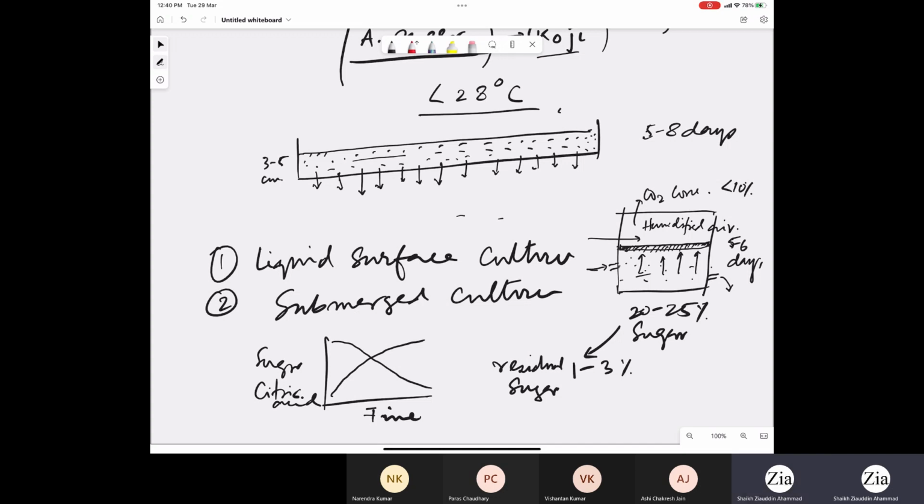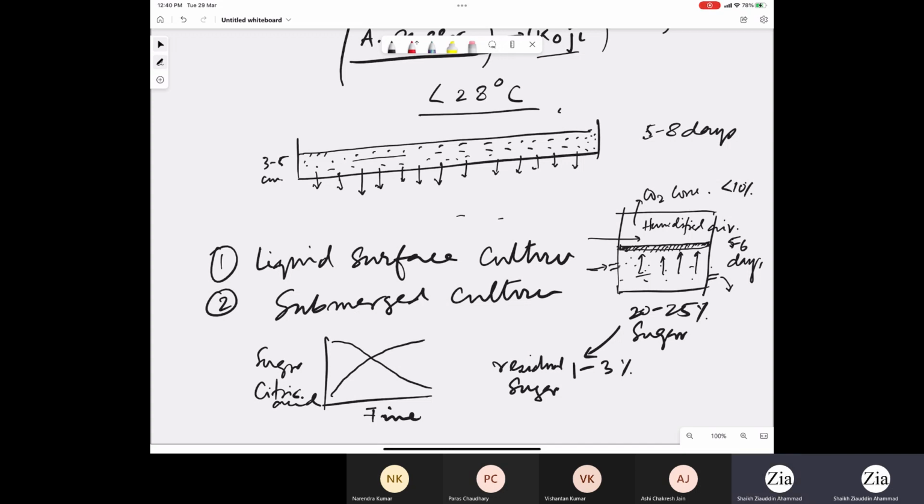Then you can use the clear liquid in the fermenter. And sometimes calcium ferrocyanide is also used to remove different ions as well as iron. So if you use calcium ferrocyanide, then you can actually get removal of different ions as well as iron.